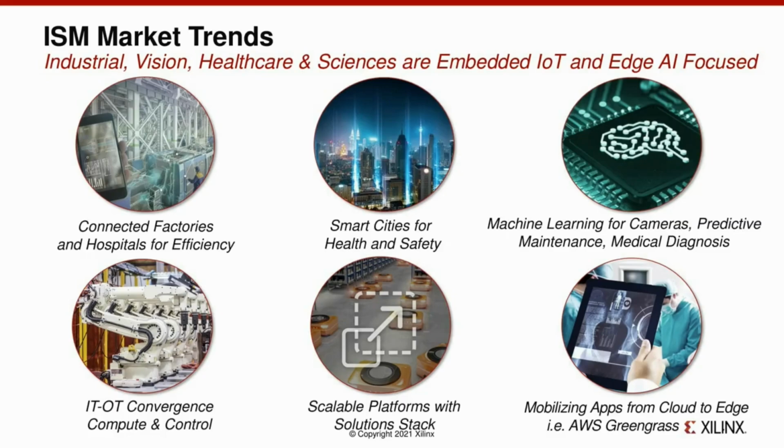Similarly, when you look at smart city or machine learning for cameras or predictive maintenance, we have several machine learning tools and IP, and we are now building an ecosystem around it to enable this market trend. So for us, some of these market trends are extremely important, and Xilinx is heavily focused on developing products, IP, and ecosystem around these trends.